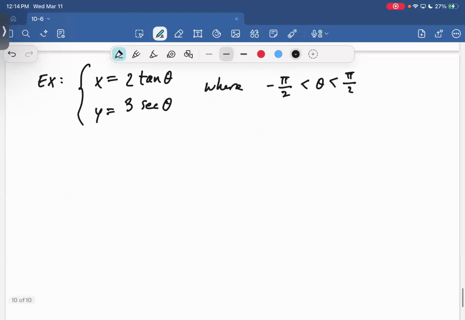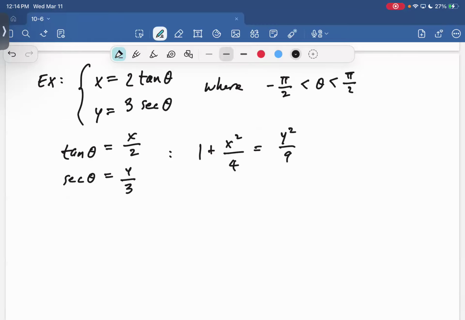Okay, so let's think about how we can do this. Let's first eliminate the parameter. So we're going to eliminate tangent and secant and then relate it using a trig identity. So tangent theta equals x over 2 and secant theta equals y over 3. And then if we combine these, using 1 plus tangent squared equals secant squared, we would find that 1 plus x squared over 4 equals y squared over 9. Right?